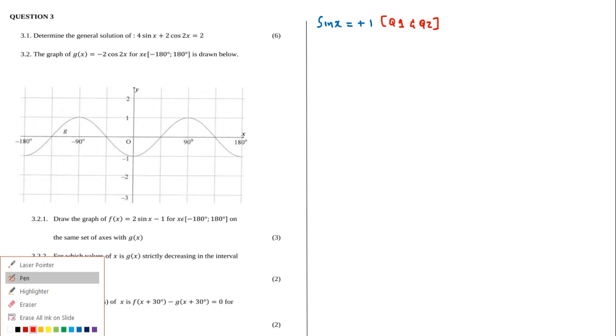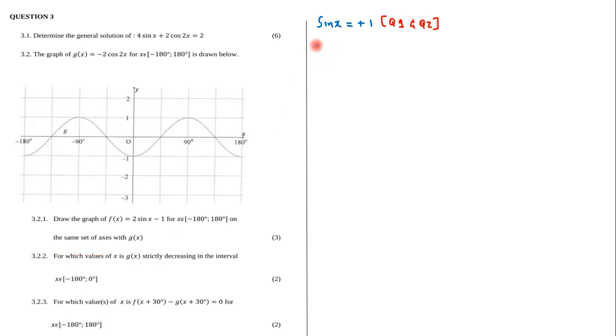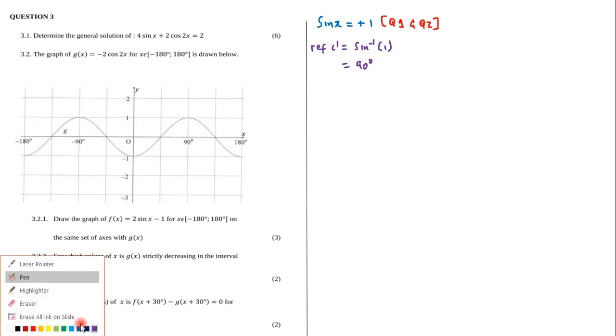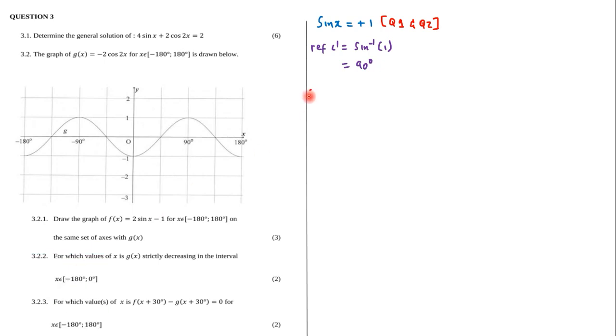And then the reference angle here, we're going to be using the value of 1. So our reference angle is sine inverse of 1. Press this on your calculator and you're going to get 90. Then on our general solution, for the first quadrant, we know the reduction formula is the reference angle, which means x, the general solution, equals 90, which is the reference angle, plus 360k, where k is an element of integers.